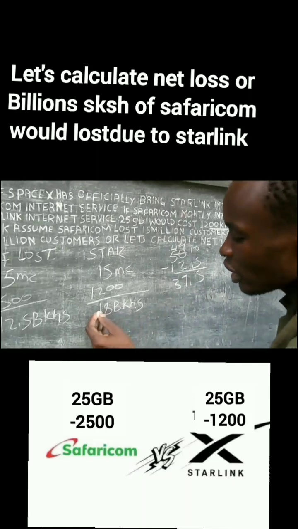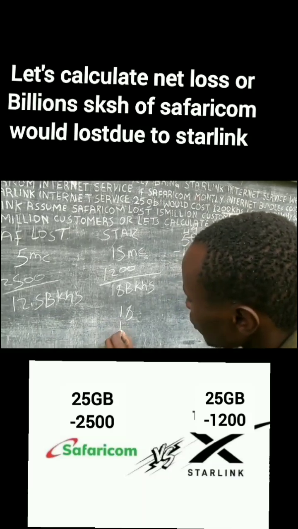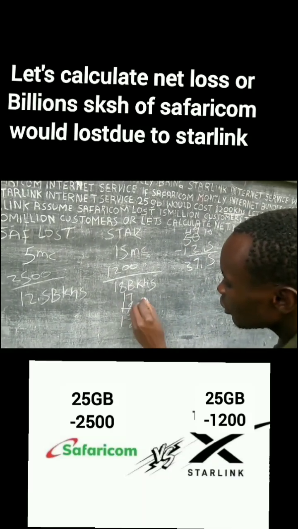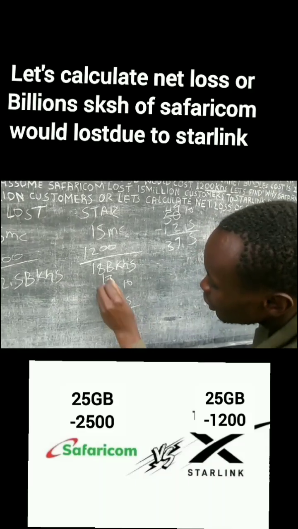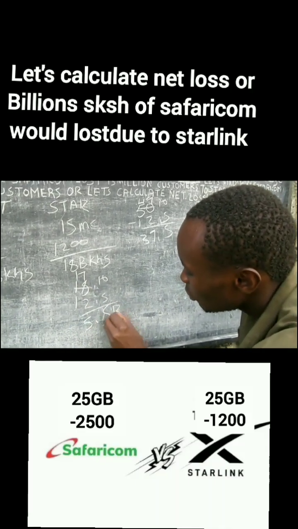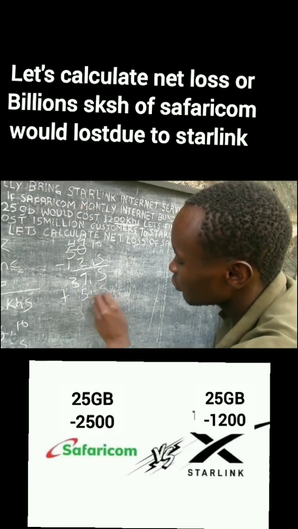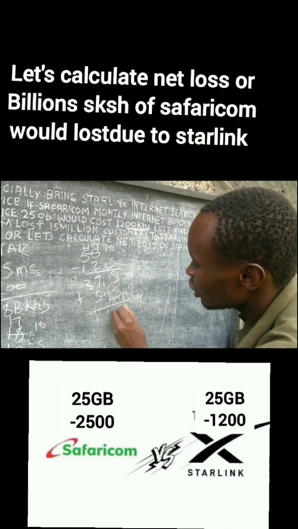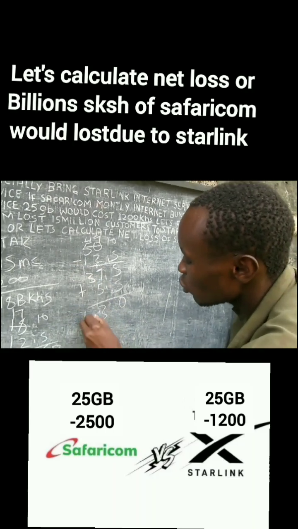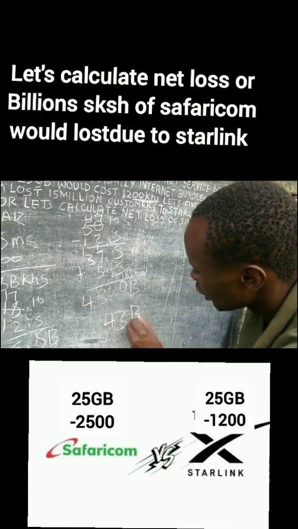Now let's take 18 billion minus 12.5 billion, which equals 5.5 billion. Now if you add 5.5 to 37.5 to get the net loss, it equals 43 billion Kenyan shillings.